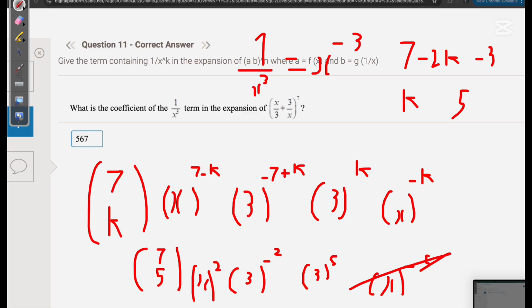The x's we don't care about because they gave us the variable part. So you do 3 power 5 times 3 power 2. This is equal to 3 power 3 times 7C5. So 3 power 3 is 27. So 27 times 7C5, which is 567.